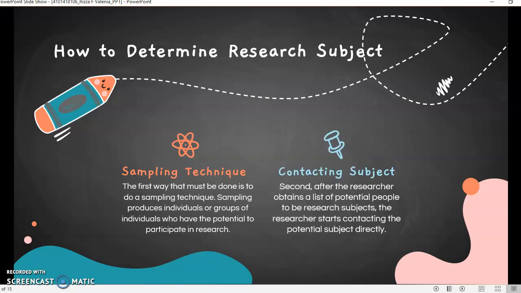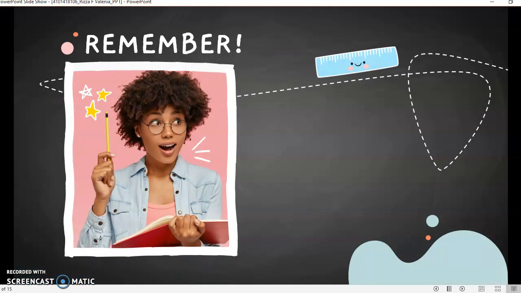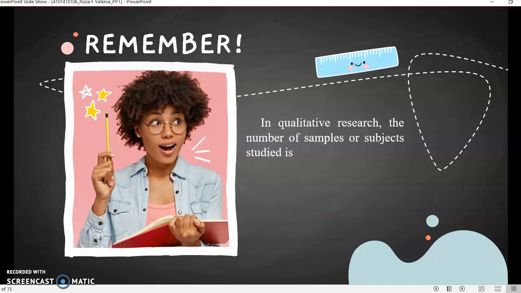And then second, contacting subject. After the researcher obtains a list of potential people to be research subject, the researcher starts contacting the potential subject directly. And then we must remember that in qualitative research, the number of sample or subjects studied is not very influential.